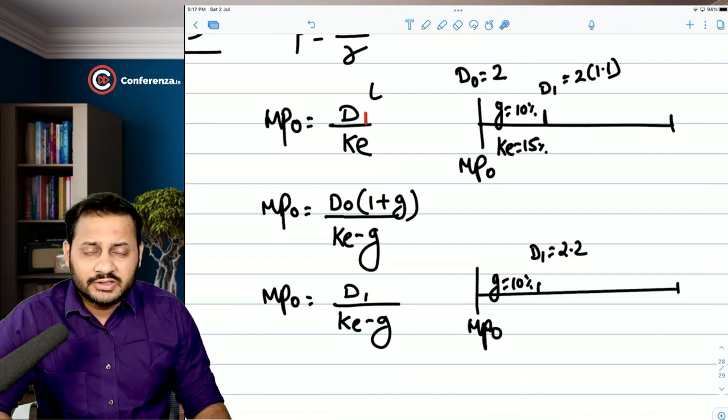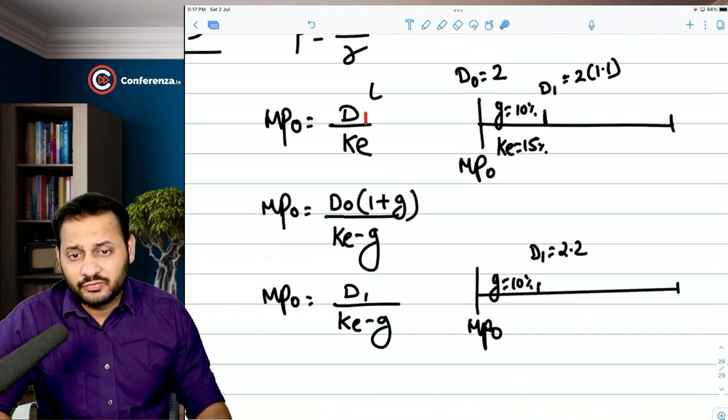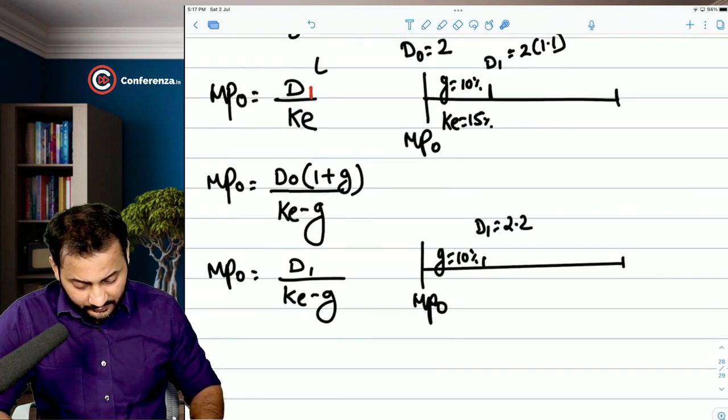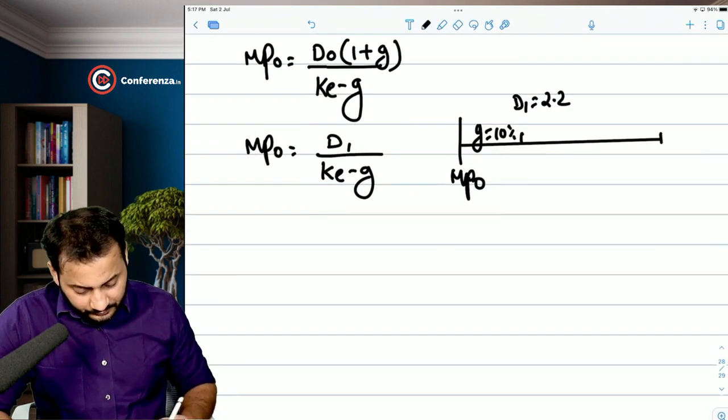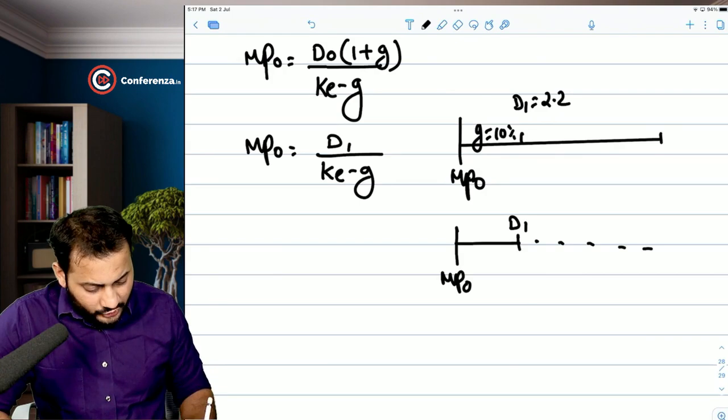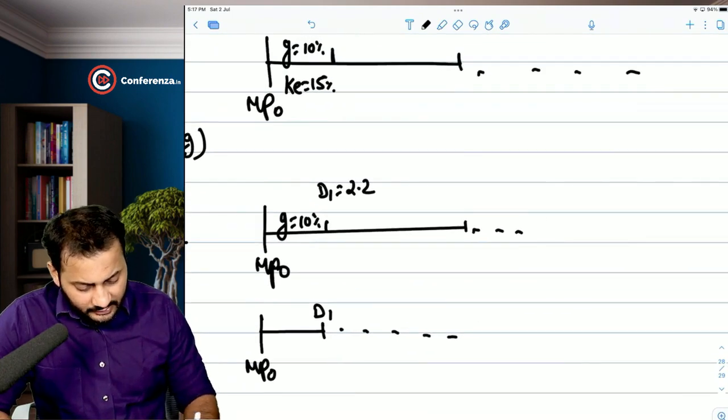Another concept is there which is called discounted cash flows. Means, what do you mean? See, I will just explain it here. While calculating MP0, we take D1 and we assume that all these periods are perpetual.